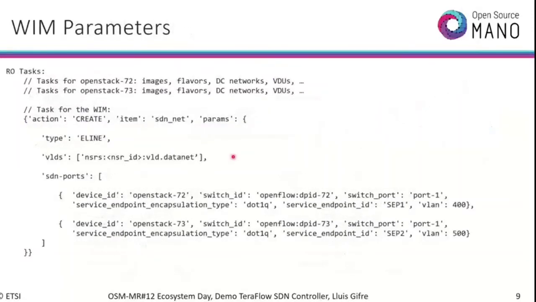And with all this information, the LCM will create the appropriate RO tasks, and the most important parameter that is defined is this SDN ports block that specifies which are the SDN ports that need to be connected to establish the connectivity service.